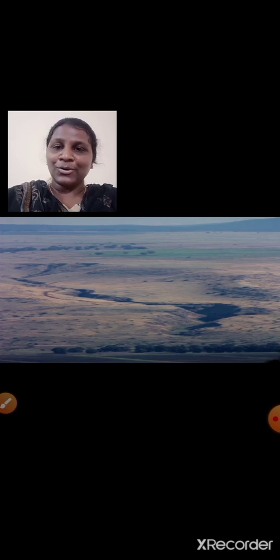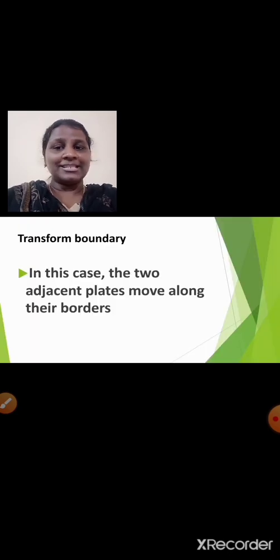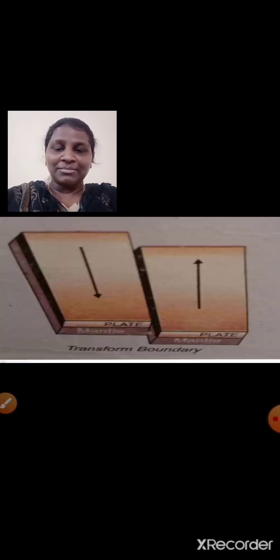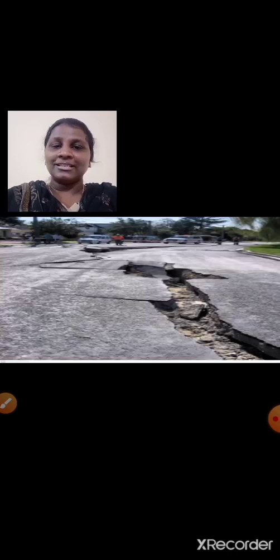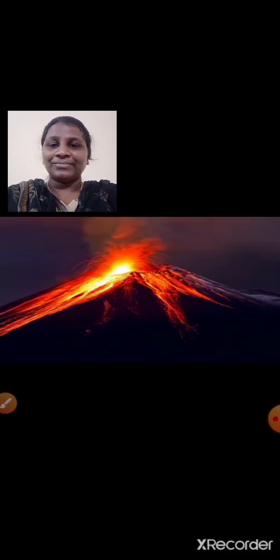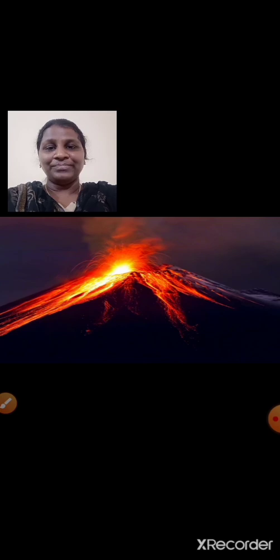Rift valley is formed. And transform boundary: the two adjacent plates move along their borders. You can see the image here. Due to this, earthquakes are caused as well as volcanic eruptions take place. So I hope it's clear, students.